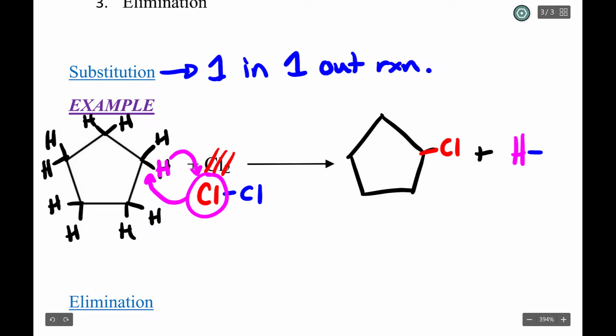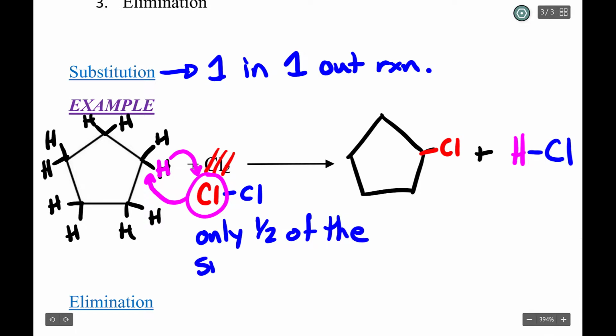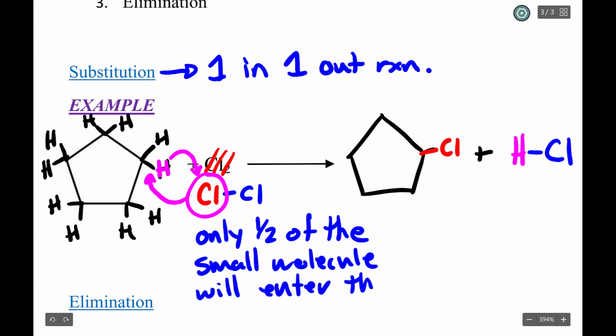The big thing I want you to remember is only 1/2 of the small molecule will enter the compound. So we would never have 2 Cl's on this thing unless I reacted 2 Cl2s with it.